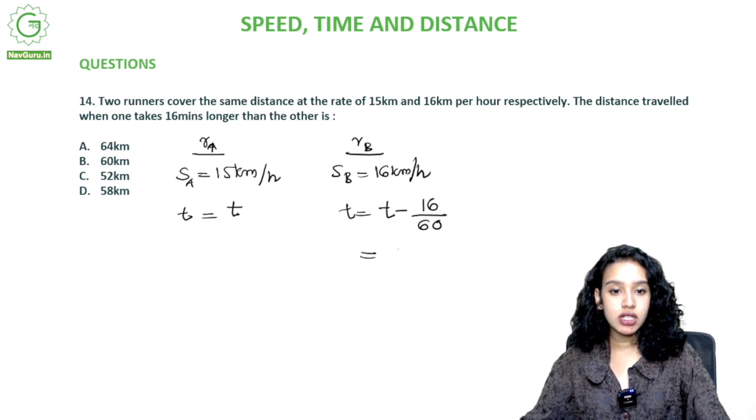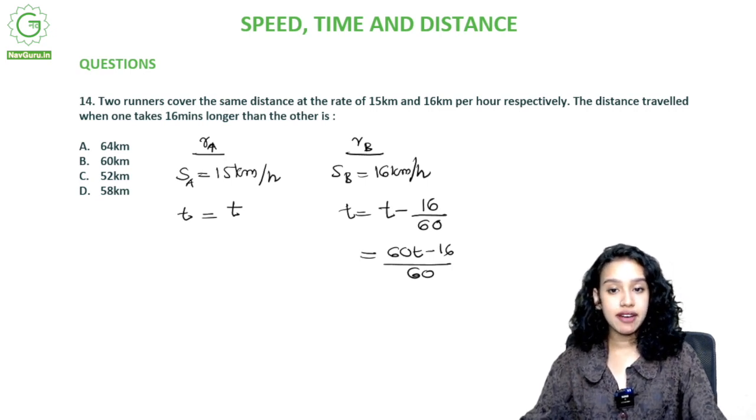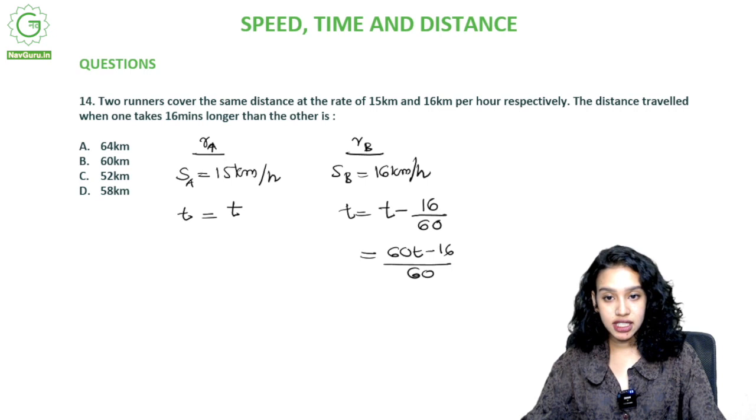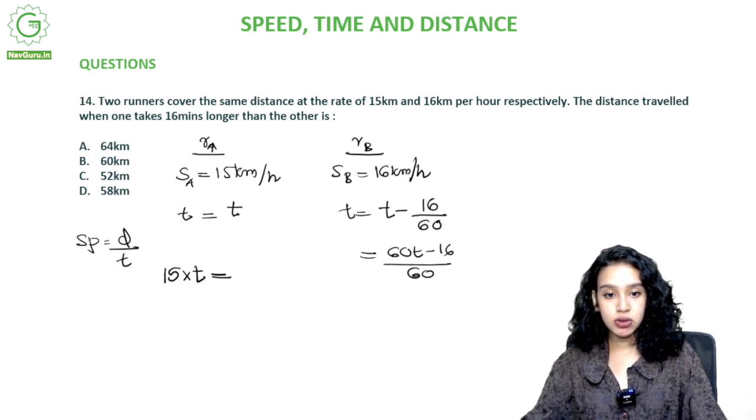Got it? So we have distance as constant. Speed is equal to distance by time, so distance is equal to speed into time. Here we have 15 into T is equal to, the distance is constant, 16 into T minus 16 by 60, right?